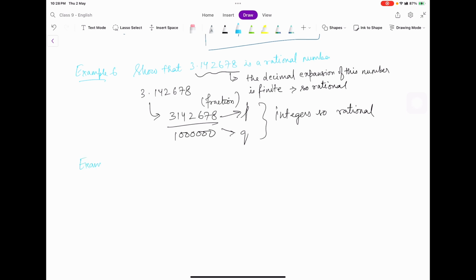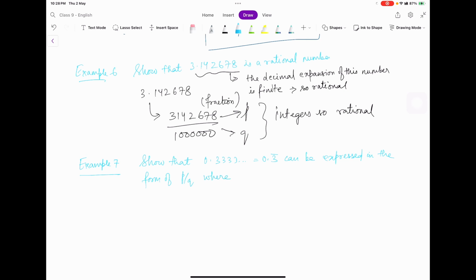Then example 7. Show that 0.3333 and on, that is 0.3 recurring, can be expressed in the form of p by q, where p and q are integers and q is not equal to 0.